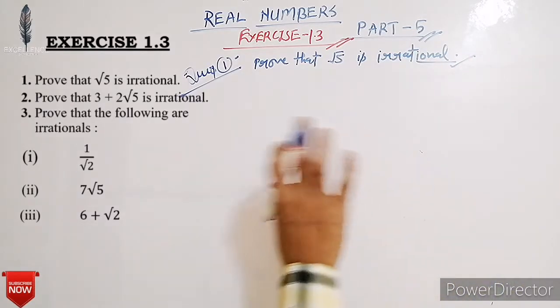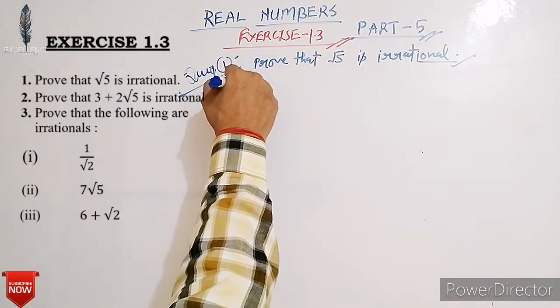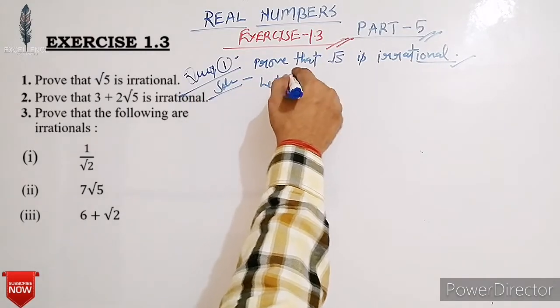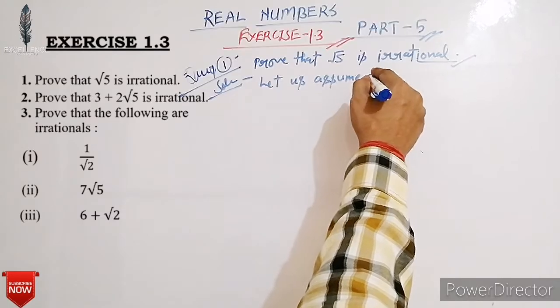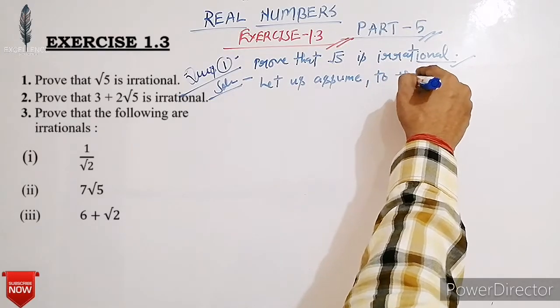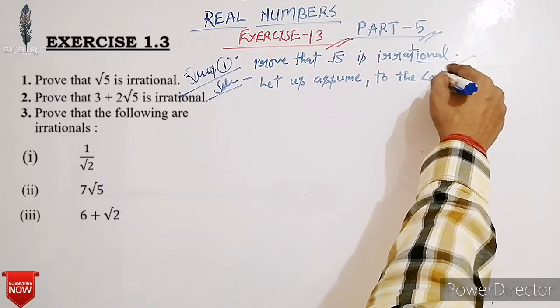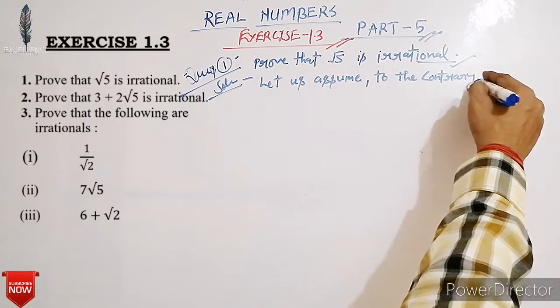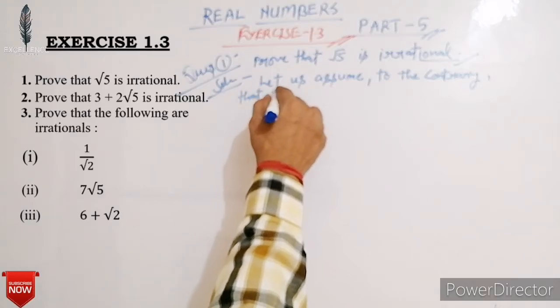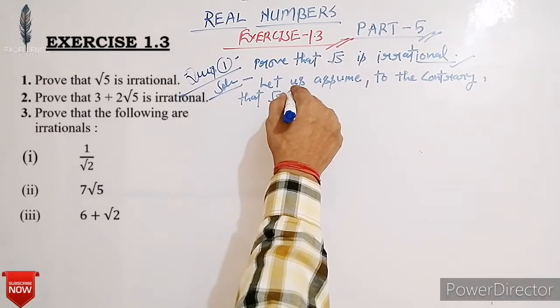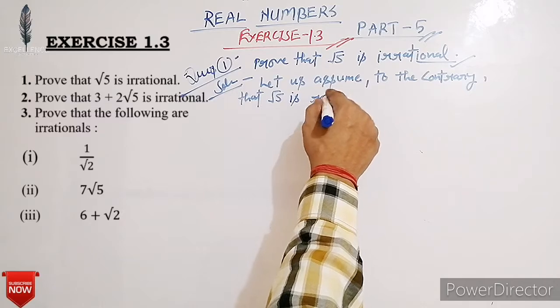Let us assume to the contrary that under root 5 is rational.